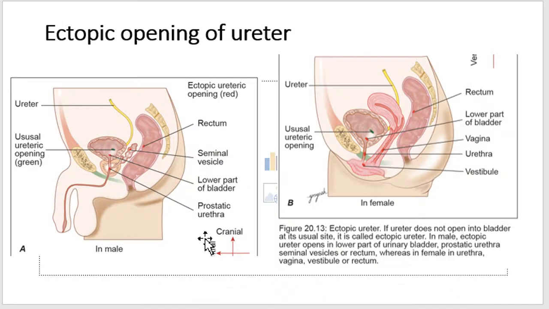There is an ectopic opening of the ureter in a male at the neck of the bladder, in the prostate, in the seminal vesicle, or in the rectum. The ectopic opening of the ureter in a female is at the neck of the bladder, urethra, vagina, the vestibule of the vagina, or in the rectum.